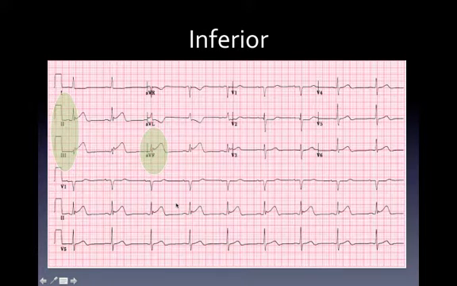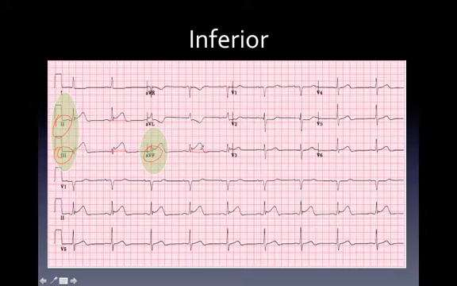So these are the zones. 2, 3, and AVF are the inferior wall, and this is easily identified by ST segment elevation in these zones. So if your patient has ST segment elevation in 2, 3, and AVF, they have an inferior wall MI brewing.